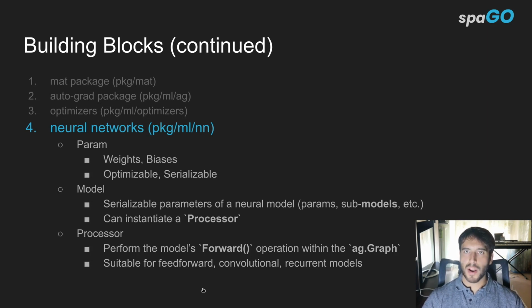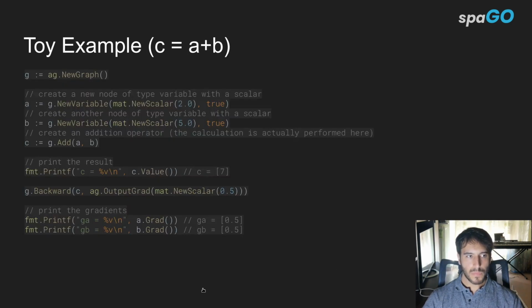So the processor creates this bridge to connect the parameters within the graph for the forward computation. Moreover, the processor takes care of the state for recurrent models, so a single processor is suitable to perform feed-forward operations, convolution operations, and recurrent models.